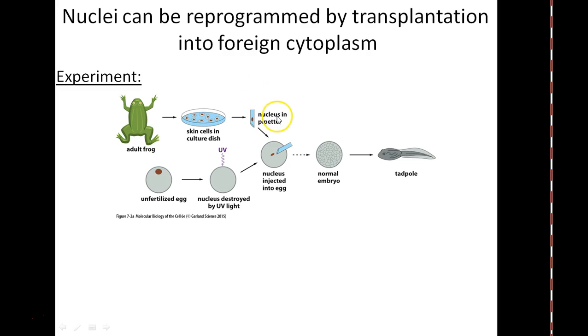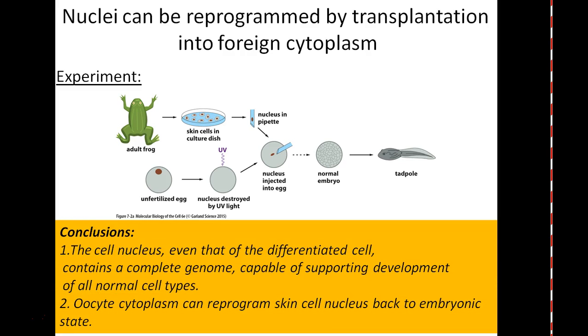And what they did, they took a somatic cell nucleus, they injected it into this egg cell, and the nucleus from the somatic cell was reprogrammed by factors in the cytoplasm, and this would lead to normal embryo development and formation of a normal organism.